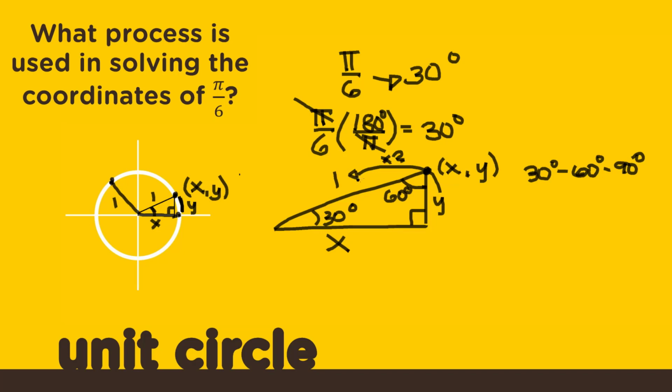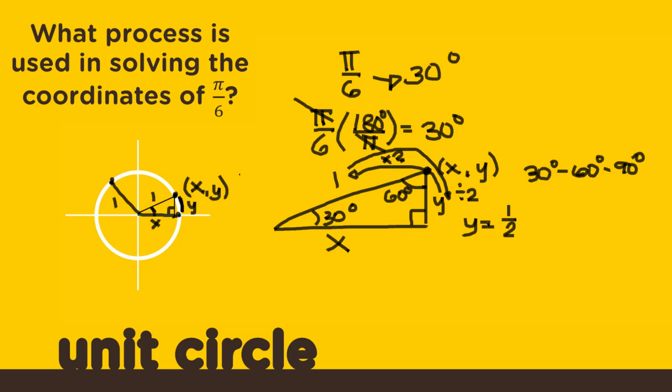We double it. That would mean if we are going to return from the hypotenuse to our shorter leg, the reverse operation is to divide it by 2. And since our hypotenuse is just 1, our y is 1/2 of 1, or in short, 1/2.